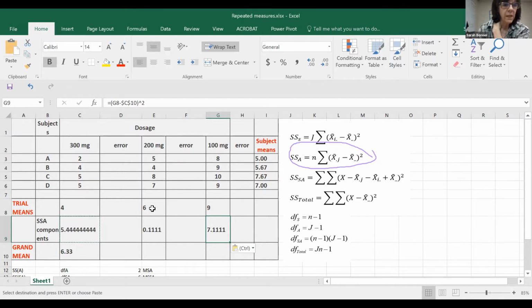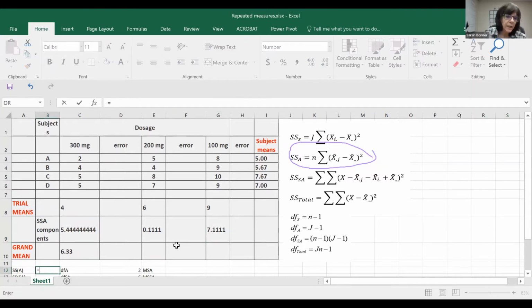This has a deviation of negative 0.33, and when you square that, you're going to have a positive value, and it should be around there once you've squared it. So our sums of squares for the A factor is, first of all, don't forget to multiply by the number of people.